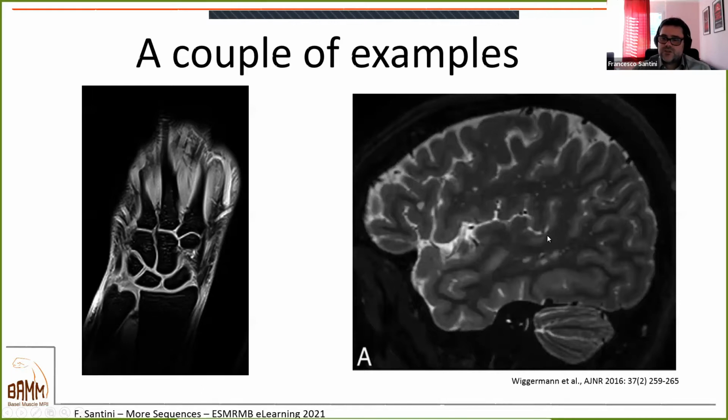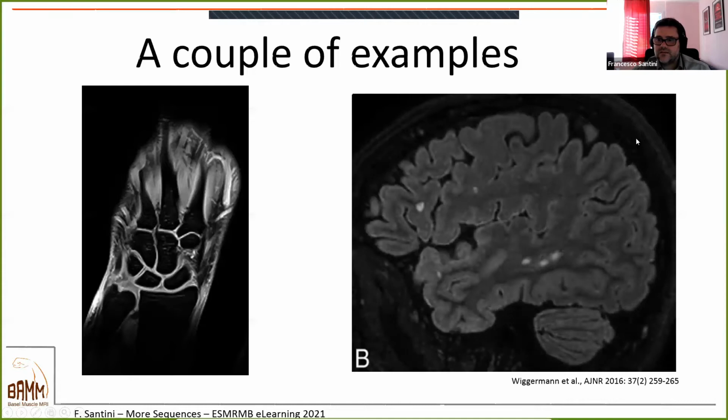This is a brain image. Here we don't really have fat. I mean, we would have probably fat somewhere here in the skull, but we don't really care about it. But we see that there are lots of dots here. So there might be some lesion here. What can we do? We can do some magic, and we suppress all the free water in this, and we realize that a lot of these dots were actually vessels or CSF, but some of them were actually pathologies.